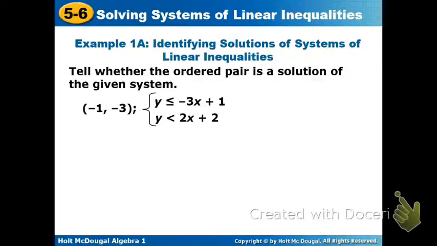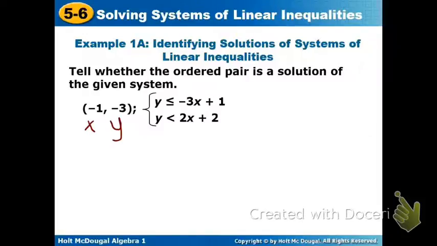Alrighty, so let's jump straight into this example. Tell whether the ordered pair is a solution of the given system. Guys, we've been doing this. There should be no issue on how to do this stuff. If I'm giving you a coordinate point x, y, and I give you two different inequalities, you have to plug it into both, and it has to work in both to be the solution. So our first inequality, y is less than or equal to negative 3x plus 1.